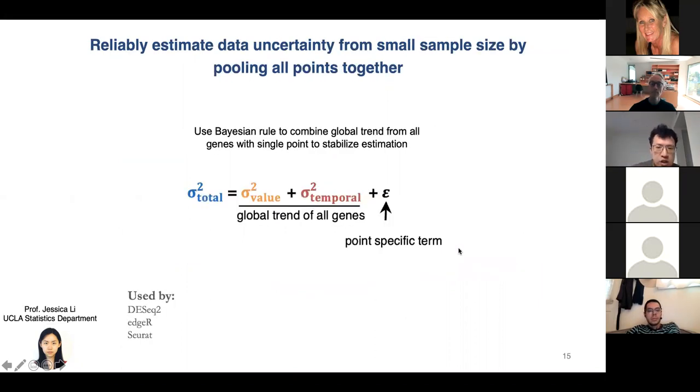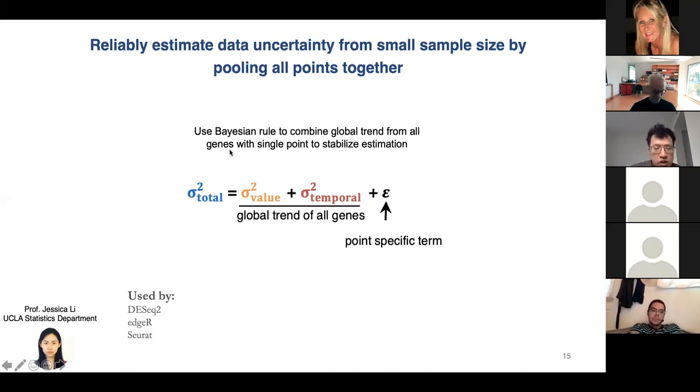Another big challenge for this error model is how we can reliably estimate data uncertainty from a very small sample size. In our case, we only have two replicates. You can see it's really challenging to estimate variance with just two replicates.